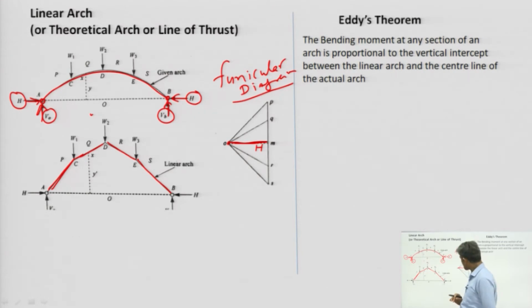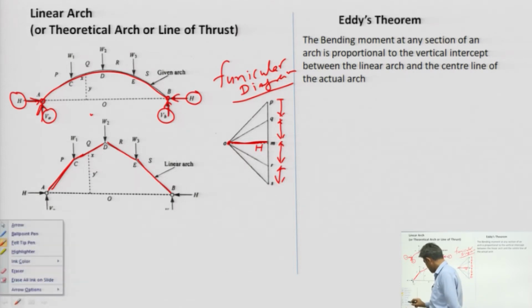So, make a horizontal line taking point O as a focal point, and place the loads W1, W2, W3.